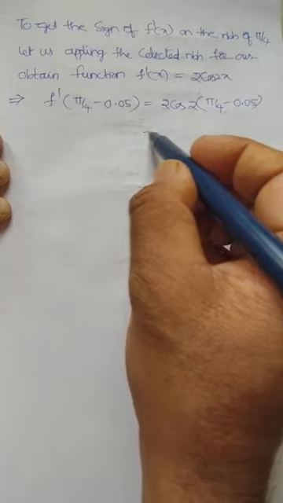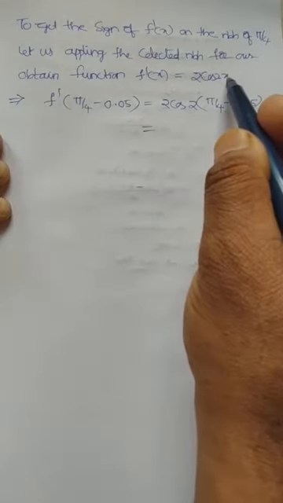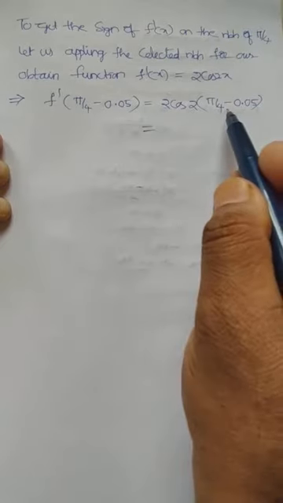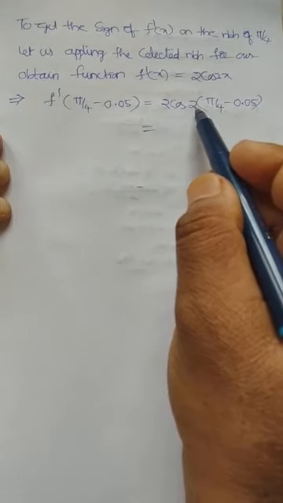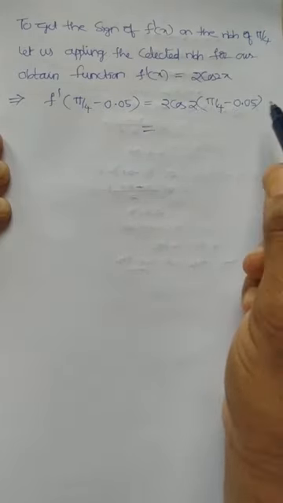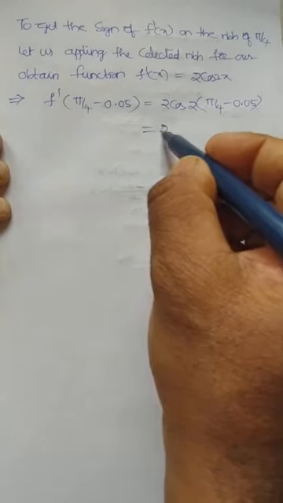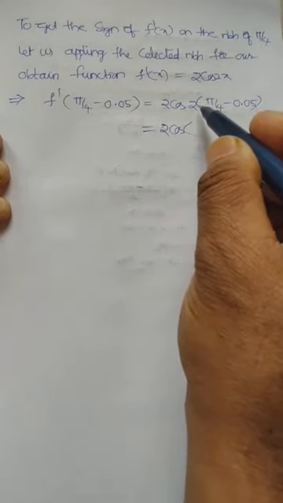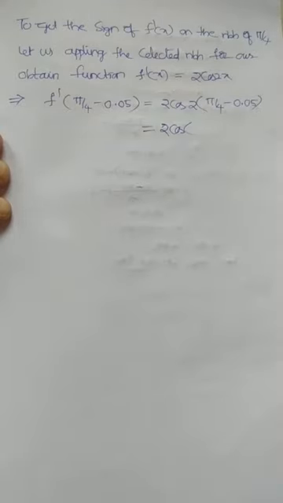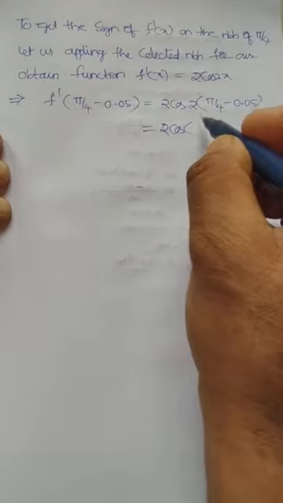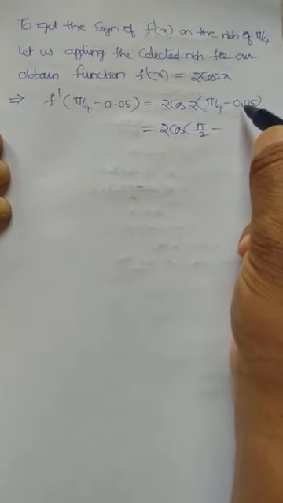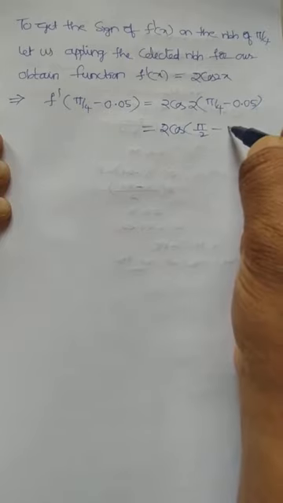In place of x I substitute pi by 4 minus 0.05, so I get 2 into cos 2 of pi by 4 minus 0.05. Multiplying by 2 inside the bracket, 2 into pi by 4 is pi by 2, minus 0.05 into 2, which is 0.1.